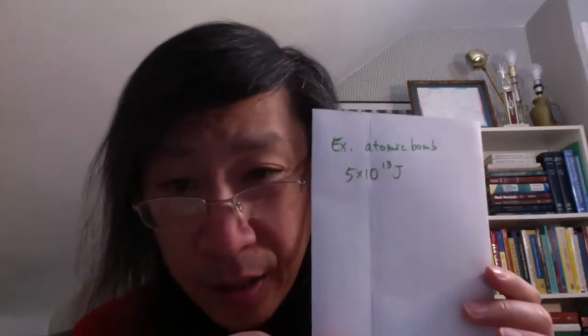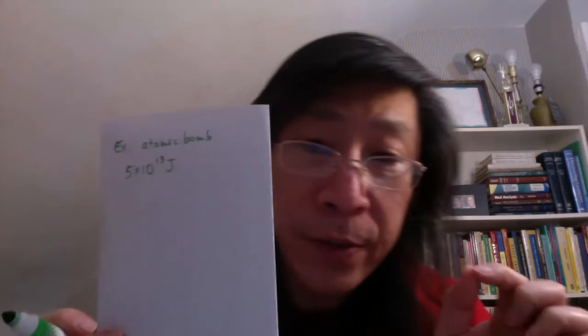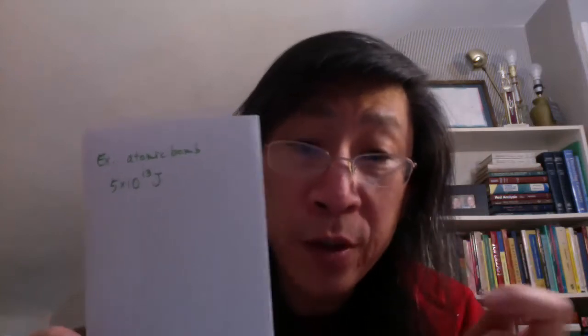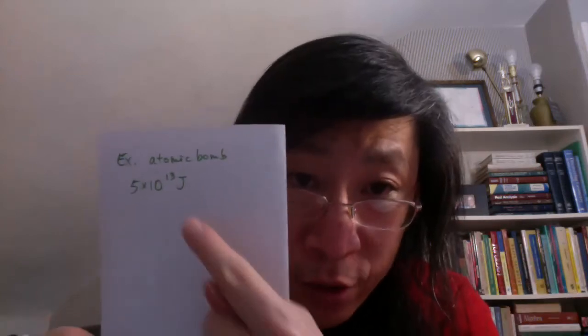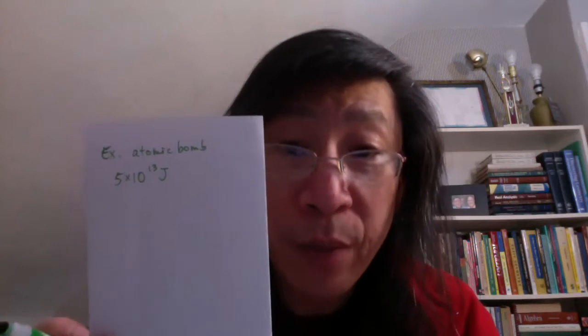All right, let's try it. So as an example, an atomic bomb, a tremendous amount of energy, 5 times 10 to the 13 joules. How much matter needs to be converted into energy to produce the energy in an atomic bomb?